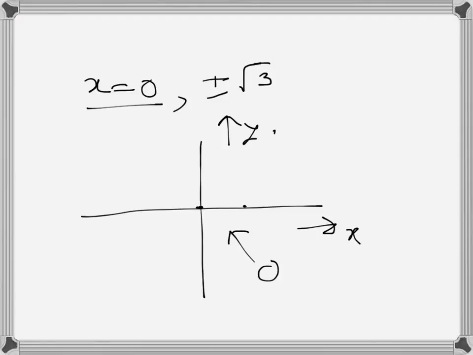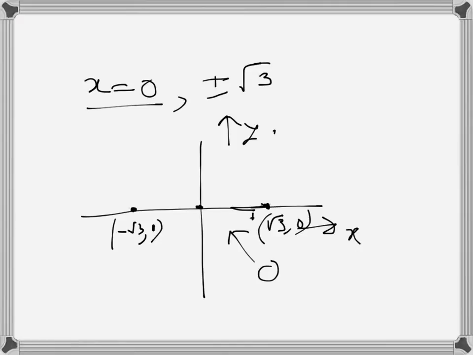Let's say this is plus root 3 and this is minus root 3, and 0, of course. So these are the 3 points that the curve goes through. We know that now.